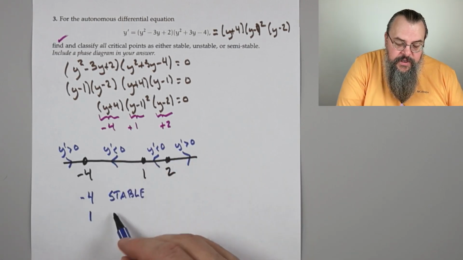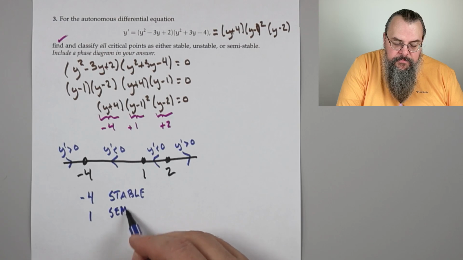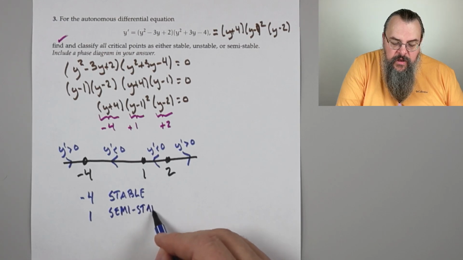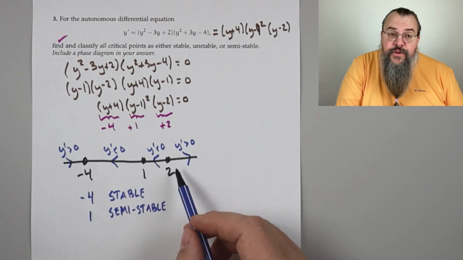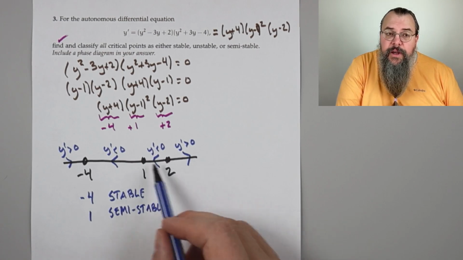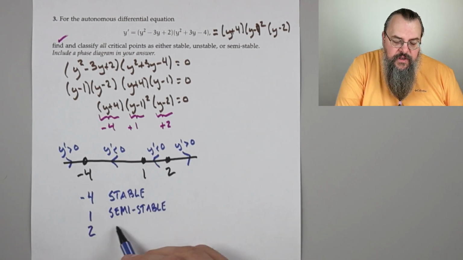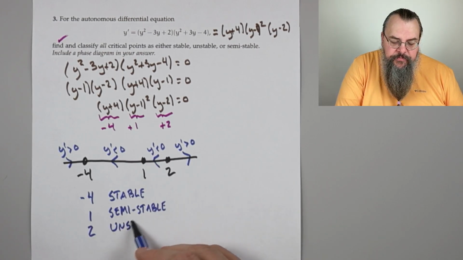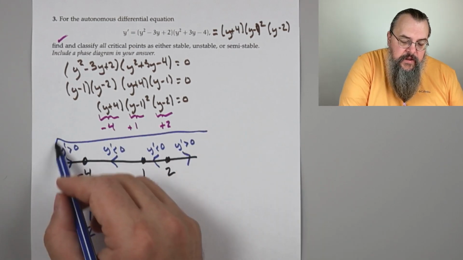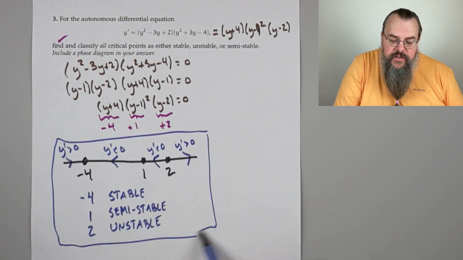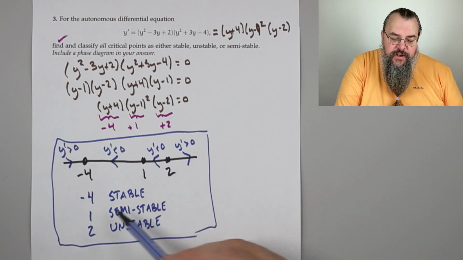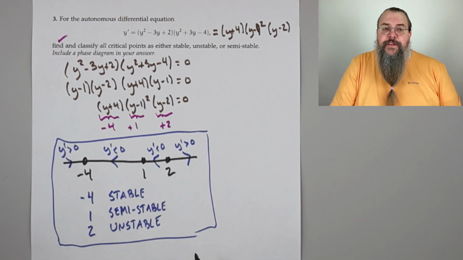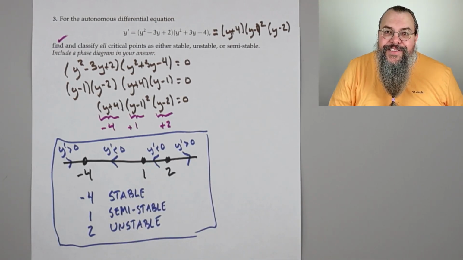So 1 is semi-stable. What about 2? We move away from 2. So 2 is unstable. So that's the classification. And there's our answer: our phase diagram, our critical points, and our classification. Nice.